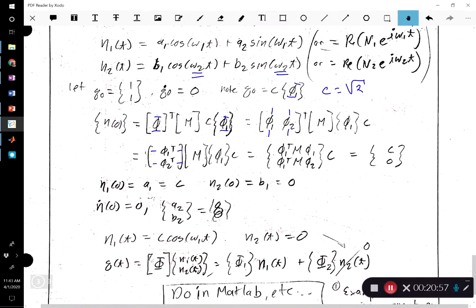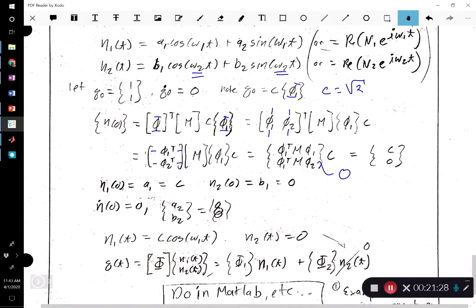And now we just evaluate that product, and it's just like multiplying scalars. So the top will be phi 1 transpose m phi 1. The bottom will be phi 1 transpose m phi 2. And so this, because of orthogonality, that the two vectors are orthogonal with respect to mass, gives us a 0. So our initial condition is C0.